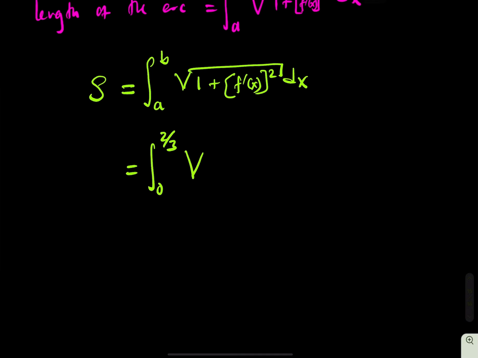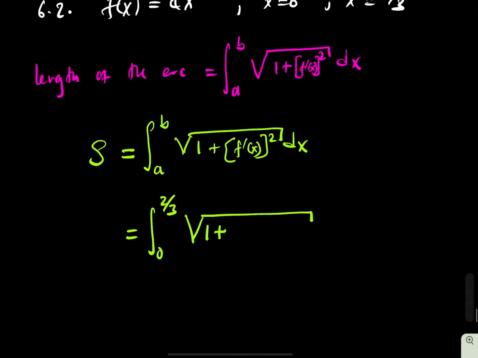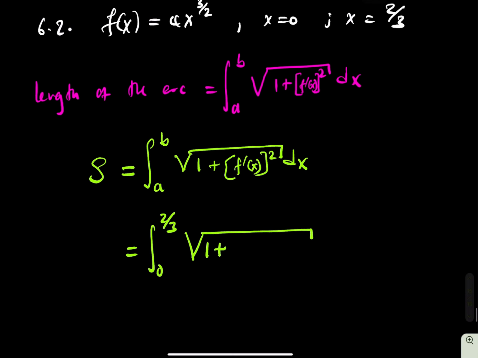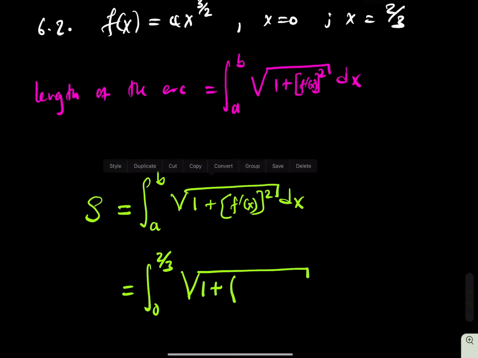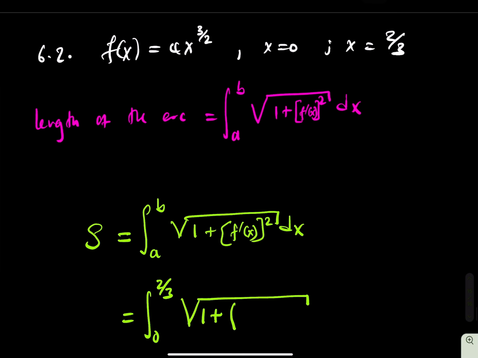And then you get 1 plus the derivative of f. Let's differentiate f primarily because we really need it. So that means that f prime at x is going to give us 6x to the power 1 over 2. Or you can say it's 6 root of x.